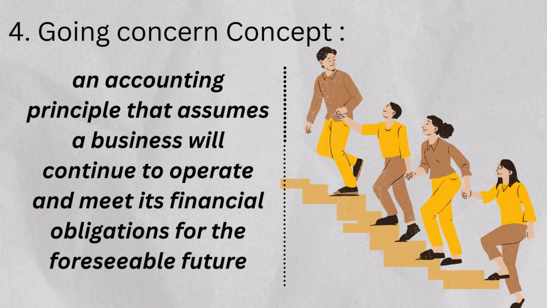So the going concern concept says that the company organization remains live. People may come, people may go, and the business is done for the long term, not for the short term. Nobody thinks that the company will wind up today or tomorrow. Everybody thinks that the company will sustain in the long run. Okay.